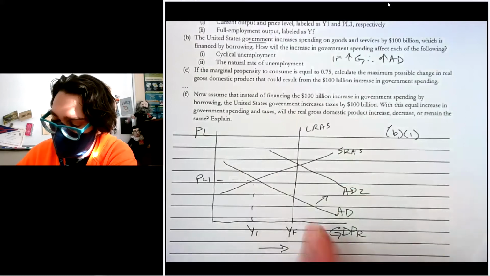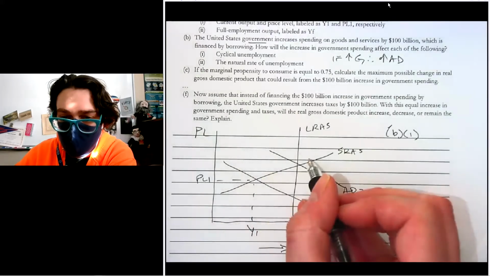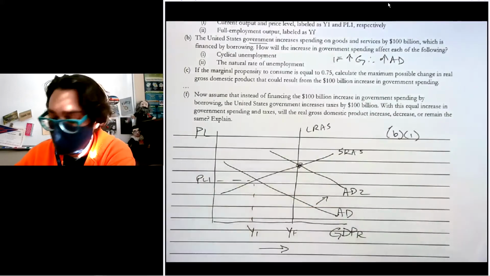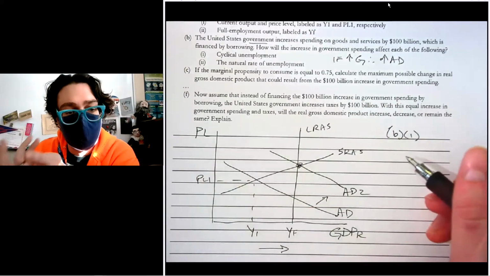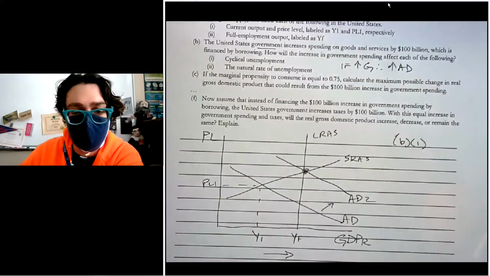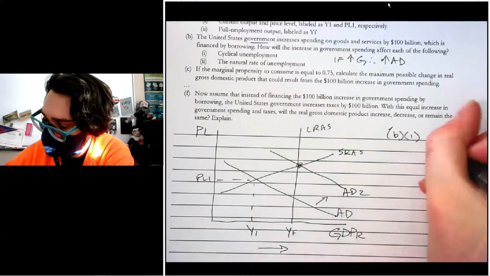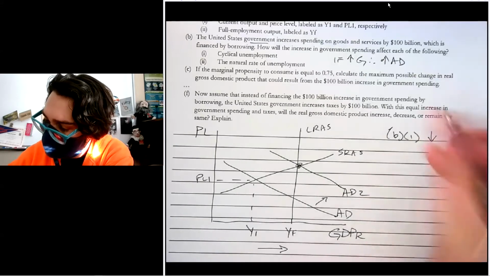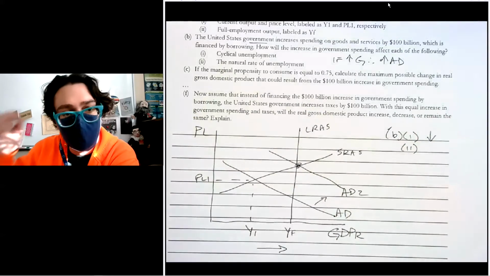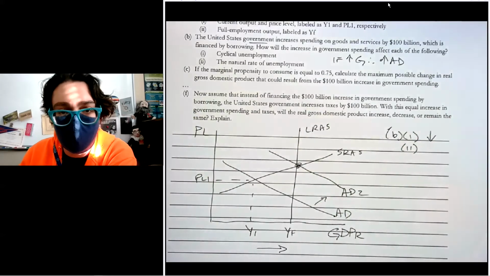And when that happens, no matter what, the new intercept point of SRAS and aggregate demand would be some larger amount of output. And so there would be fewer people who are unemployed in the cyclical unemployment category because cyclical unemployment is from the recession. So decrease, right? But then part 2 says the natural rate. Now this is requiring you to think back from a whole unit ago.